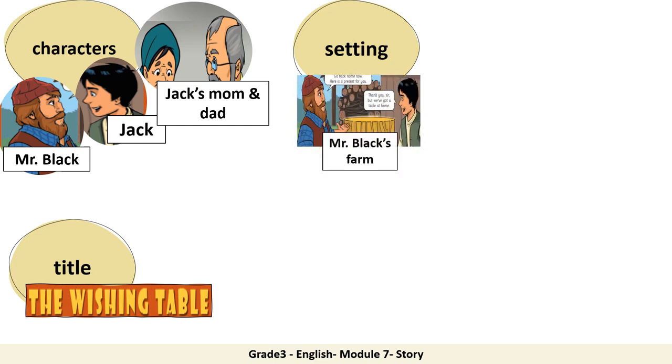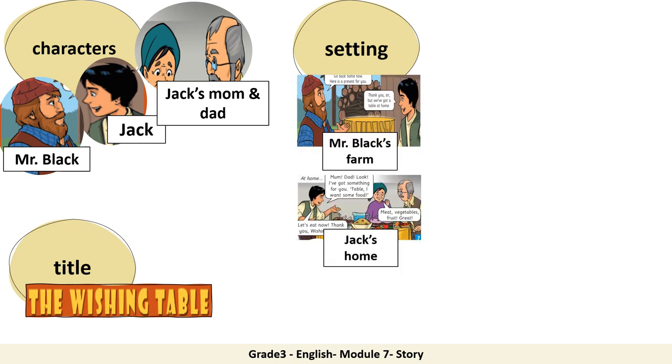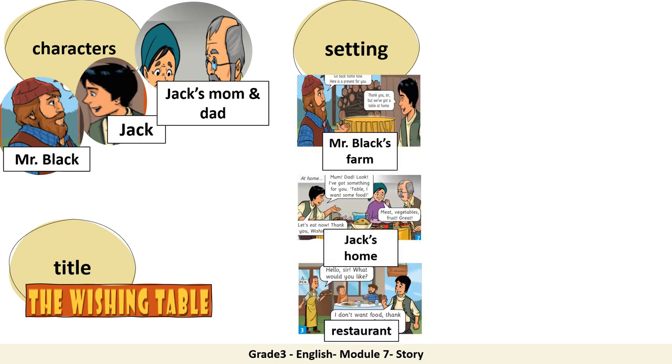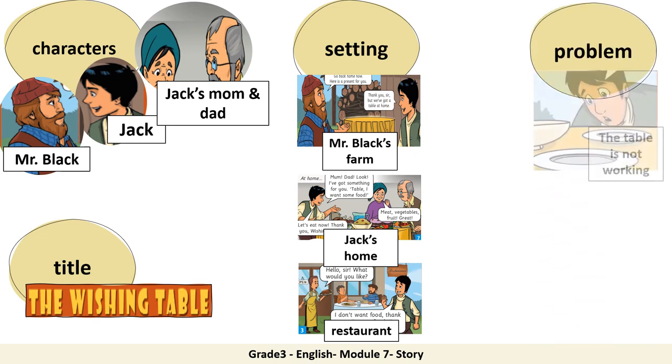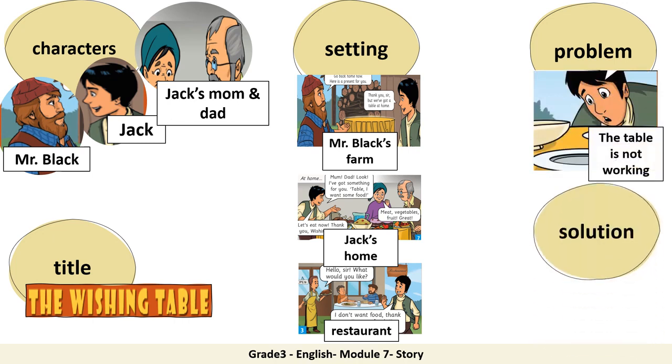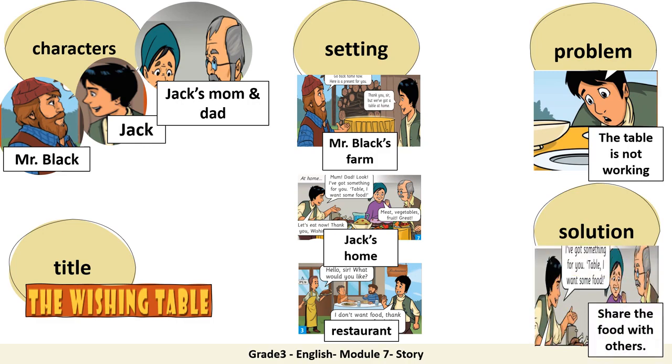At Mr. Black's farm, at Jack's home, and by the restaurant. Now, what about the problem in the story? What is the problem? Excellent! The table is not working. And what's the solution for this problem? Do you know? Excellent! Share the food with others.